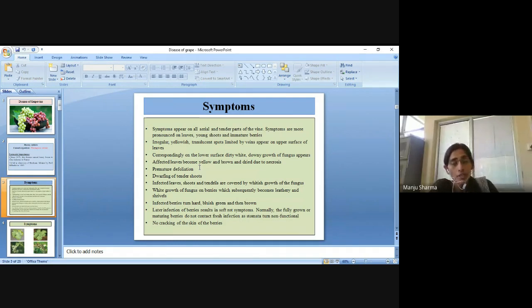Later infection of berries results in soft rot symptoms. Normally, fully grown or maturing berries do not contract fresh infection, as stomata turn non-functional and there is no cracking of the skin of the berries. So these are the symptoms of downy mildew disease of grapevine.